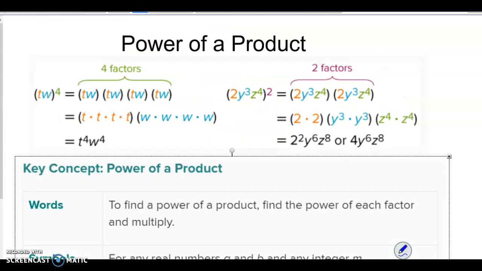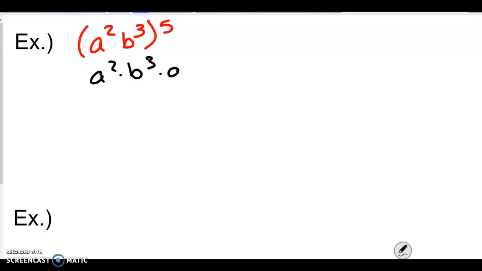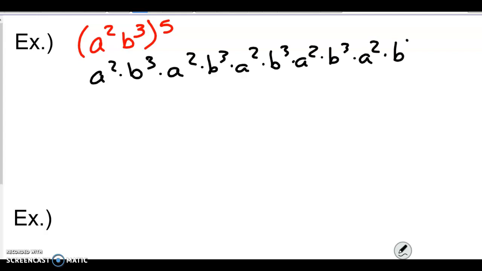Okay? So for examples like this, if you've got like a squared b to the 3rd, all raised to the 5th power, okay? This is a squared times b cubed happening 5 times. And each of those is happening 5 times.